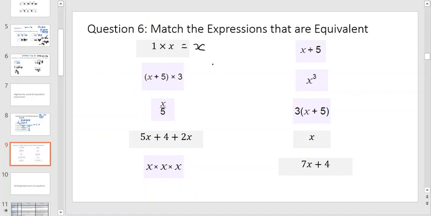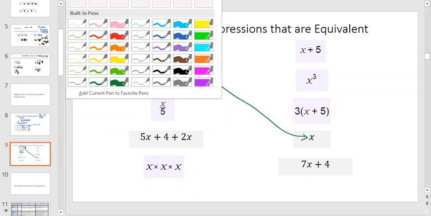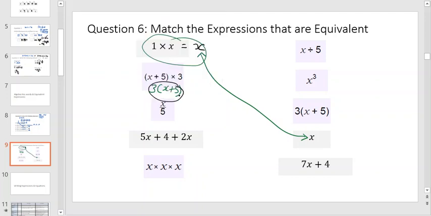So 1 times x is x. Straight away, I can see its equivalent is there. So x and x, 1 times x is the same as x. Now, we've got x plus 5 times 3. Now, I know I can rewrite this as 3 bracket x plus 5, which is equivalent to, because it looks exactly the same as well, equivalent to that one there.